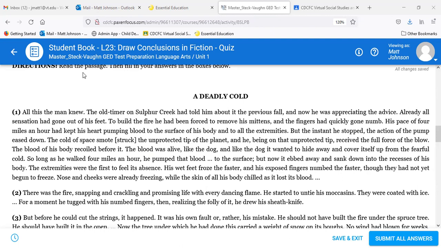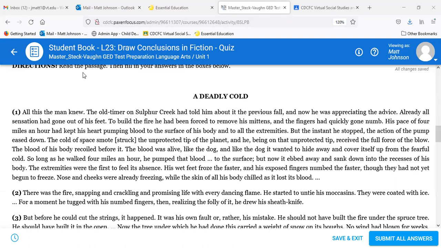The cold of space smote the unprotected tip of the planet, and he, being on that unprotected tip, received the full force of the blow. The blood of his body recoiled before it.